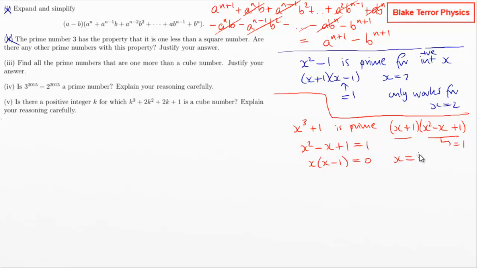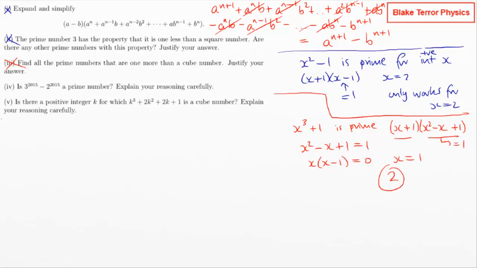So we've got that x is equal to 1, or it's equal to 0, but we don't want that. So x is equal to 1, which is just saying that 1 cubed plus 1 is prime, 2 is prime, and it's 1 more than a cube. Okay, find all prime numbers that are 1 more than a cube. So 2 is the only prime number that's 1 more than a cube.